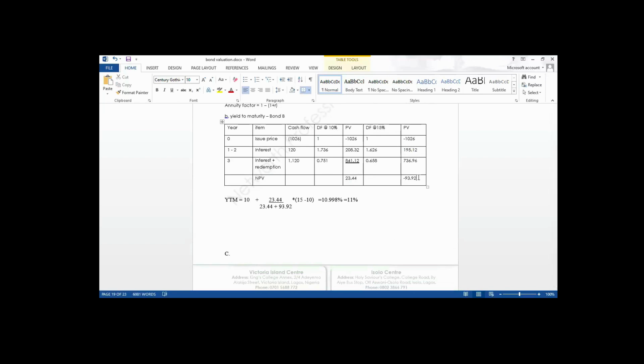What's happening to price? There is fall in price. If rates increase, price of a bond, value of a bond will fall. Okay, sir. If interest rates increase, we expect the market price of bonds to fall. I just want to keep it simple.